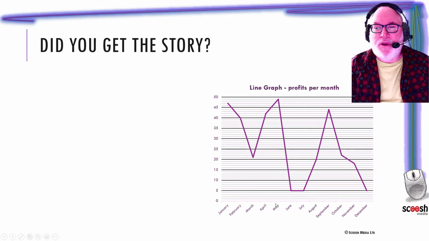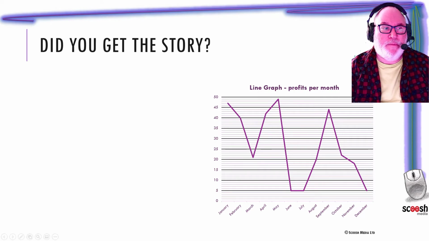If we look at May, straight up, we can see that it's 49. If we follow September and look up and across, there's 44 for September. So we can take values from the chart.